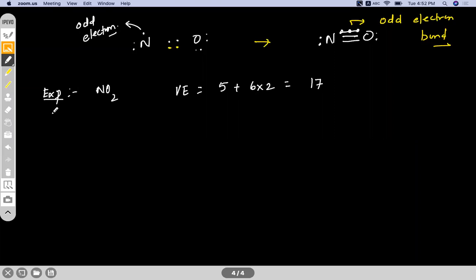In this also, the structure that we have is this: N double bond O, one unpaired electron on this nitrogen, one single bond O, and we have a 3 electron bond like this. This 3 electron bond we also call an odd electron bond.